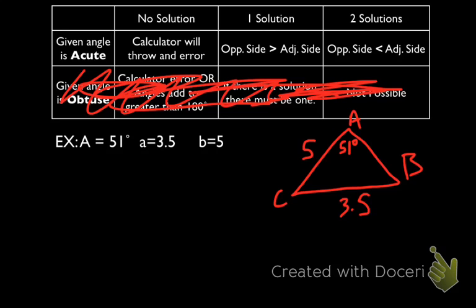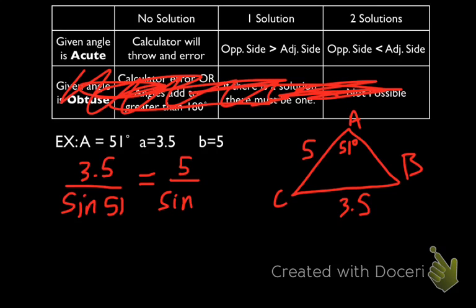Once I've established that, I'm going to approach it just like I would a lost signs problem from earlier. Let's set it up. I'm going to take 3.5 divided by sine of 51. Notice that's little a over sine of big A. And set that equal to 5 divided by the sine of big B. One way to approach these problems, instead of cross multiplying, is to flip both sides.